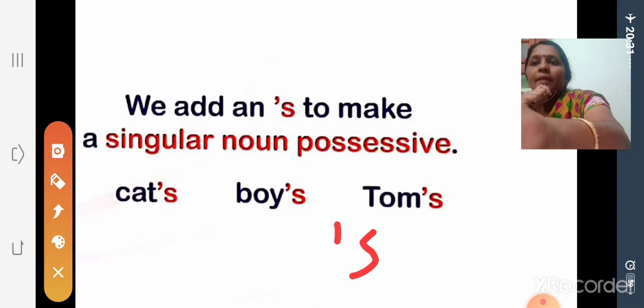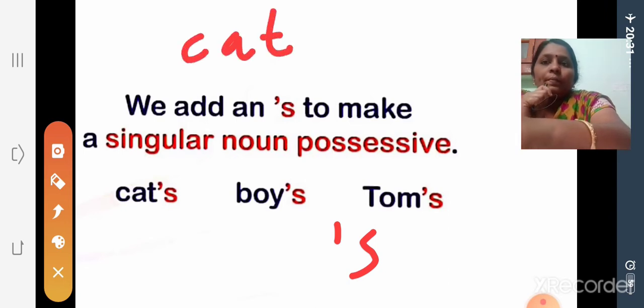If we want to make a singular noun possessive, we have to add apostrophe s. So here cat is a singular noun and we want to make it possessive. Just add apostrophe s. Then it will become possessive.